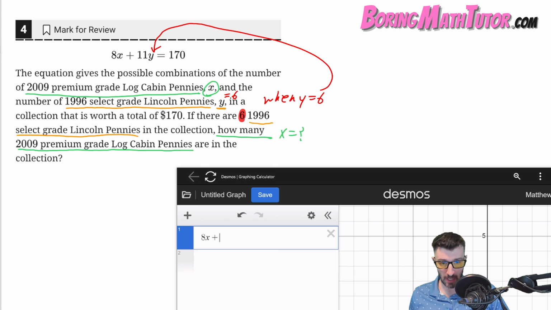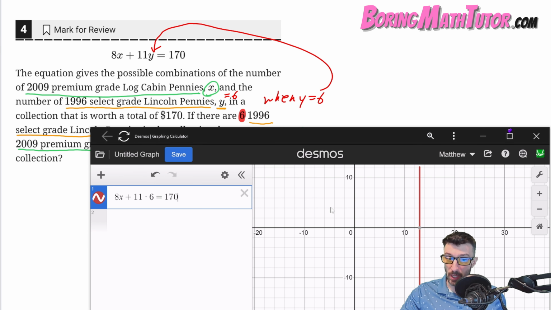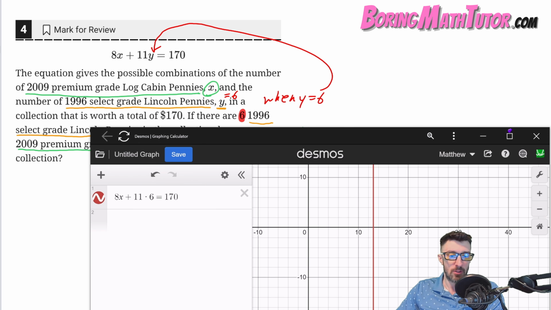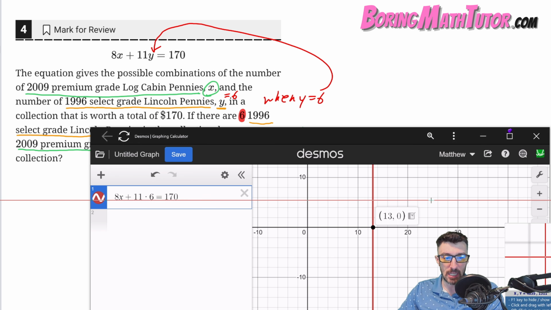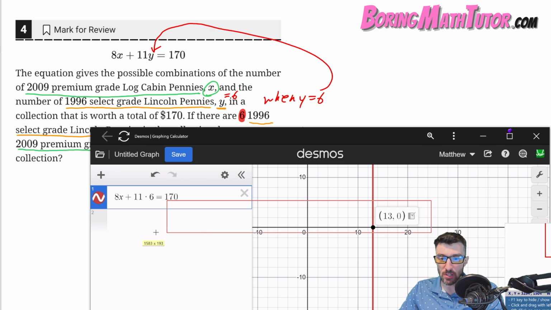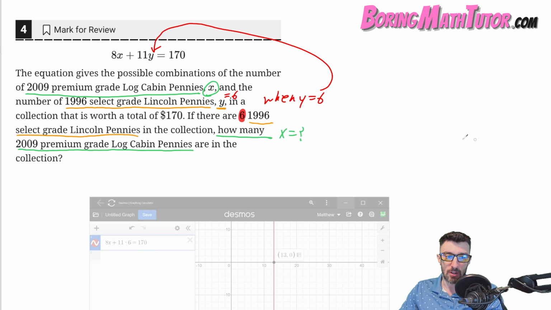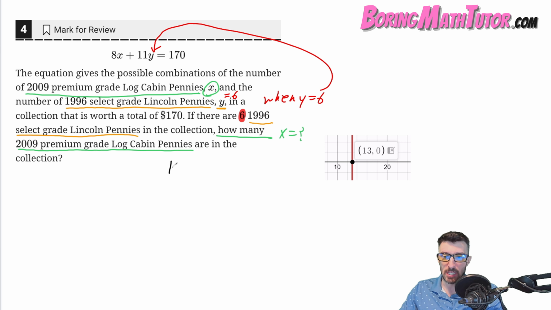So I'm just going to type in 8x plus 11 times 6 equals 170. And in case you didn't know, you can type in an equation and decimals will often solve it for you. Very, very common that it will. So now that we got 13, 0, that just means that the answer is 13.